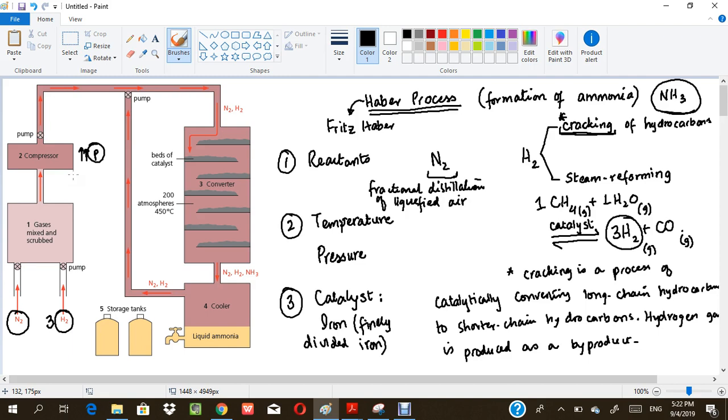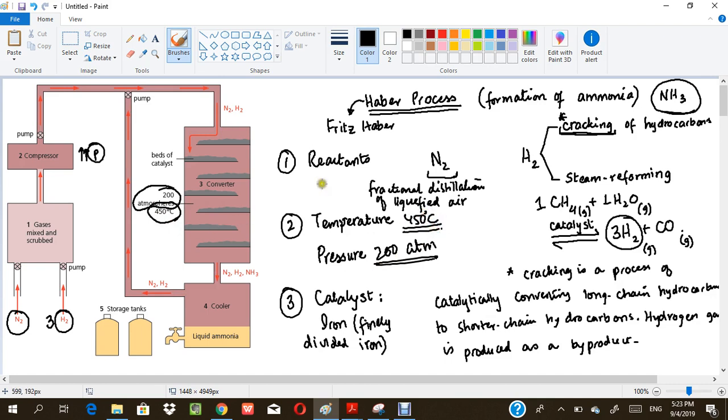Right. Now what happens is that the compressed gases enter the converter, and in the converter we have two very special conditions. We have a high atmospheric pressure of 200 atmospheres, and we have a high temperature of 450 degrees Celsius.